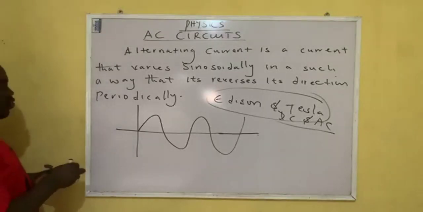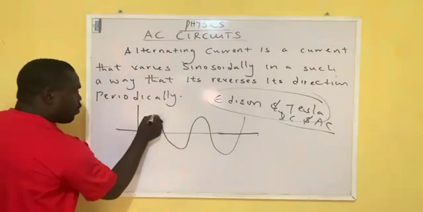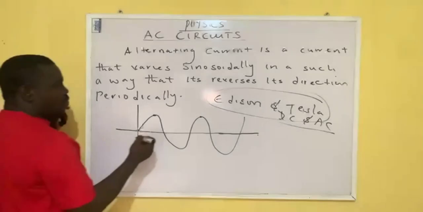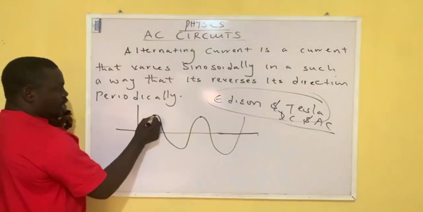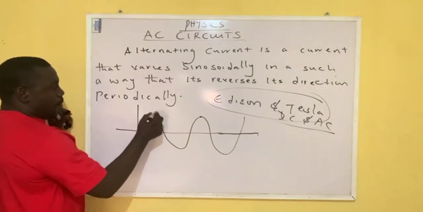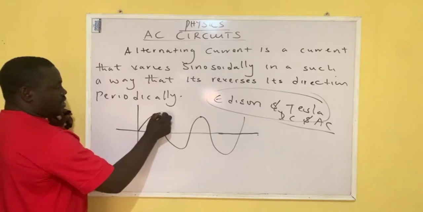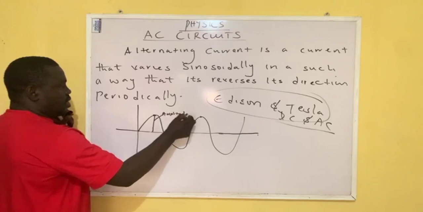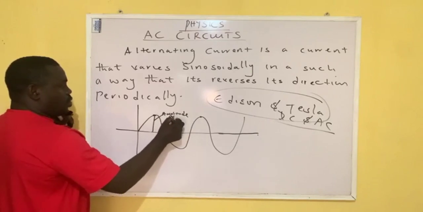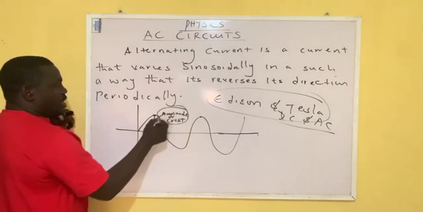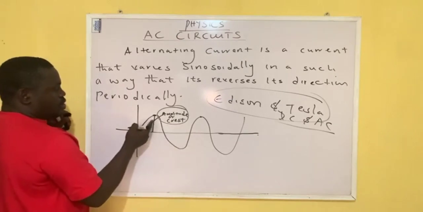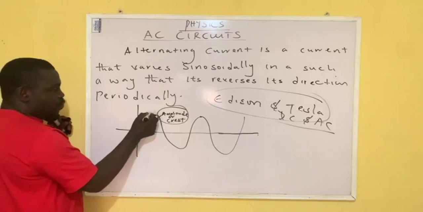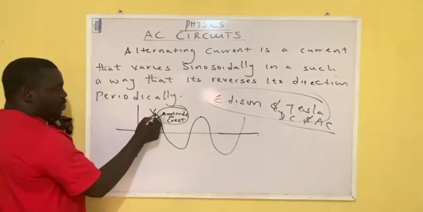Okay, so you have a situation like this. At this very point here, if I was to teach you, we usually call this place maximum displacement, what you call amplitude, or what you call your crest. But that's not my focus here. My focus here is V naught.